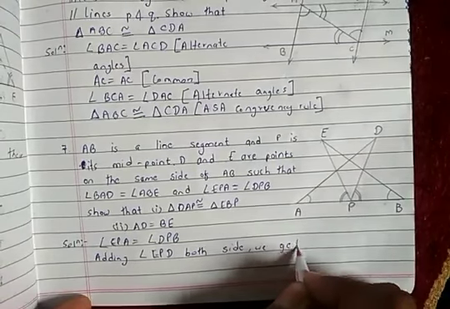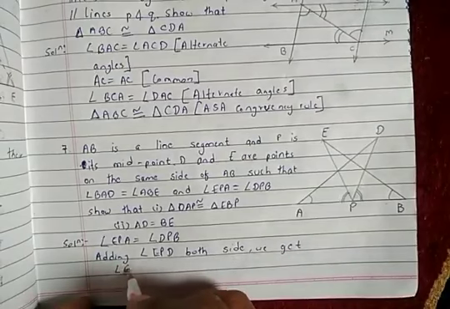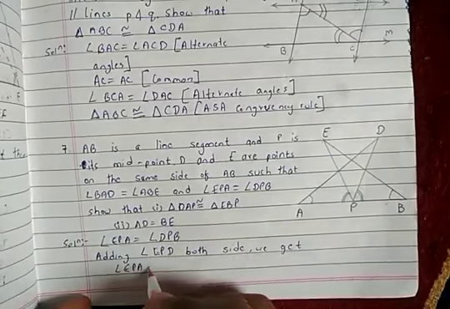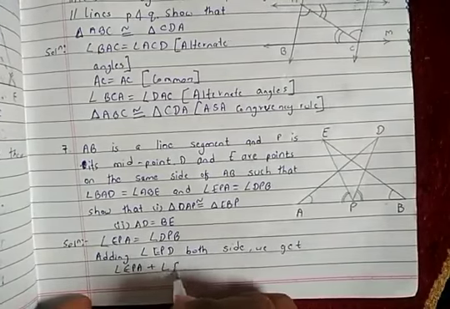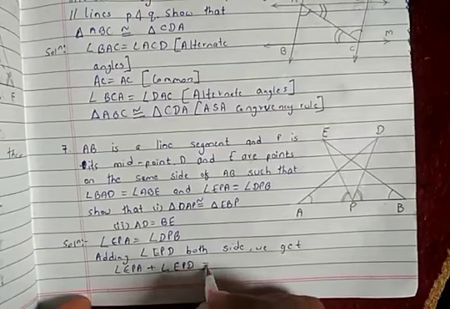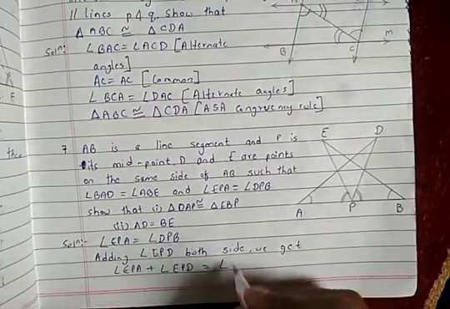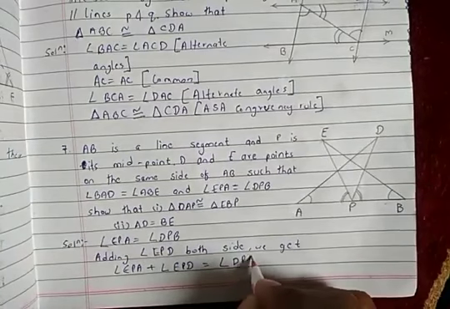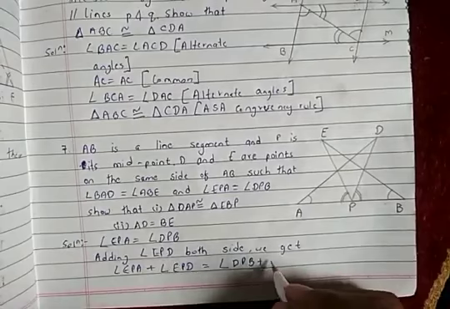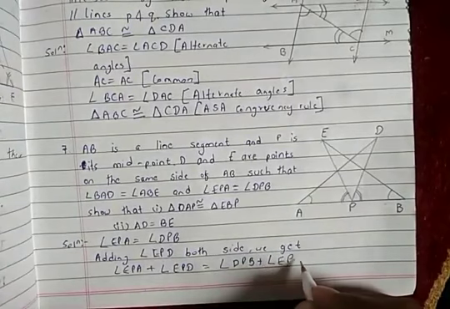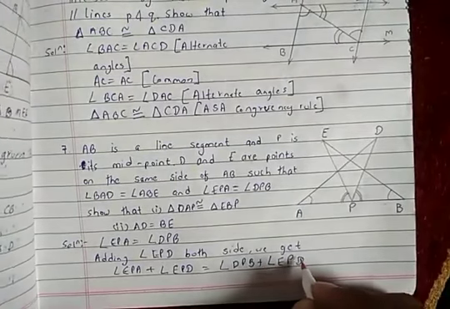We get angle EPA. You have to add this angle EPD, so write it down. Angle EPD, equal to sign will remain as it is, and angle DPB will remain as it is. You have to add EPD angle on both sides, right?